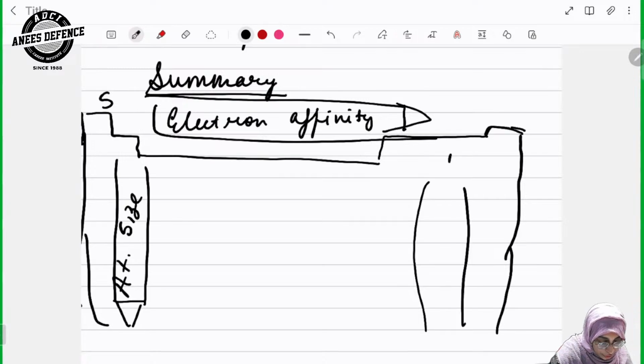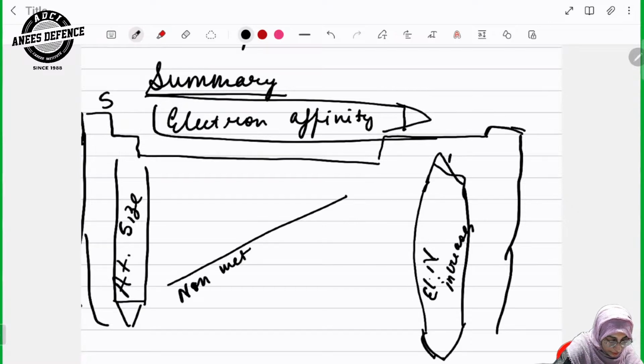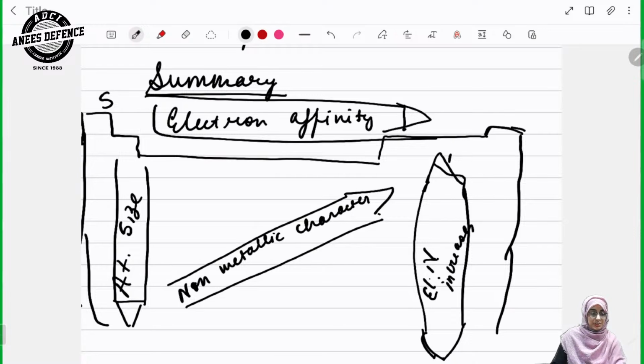Electronegativity decreases, which means it will not increase like this, it will increase like this. Non-metallic character increases here. This is the summary.